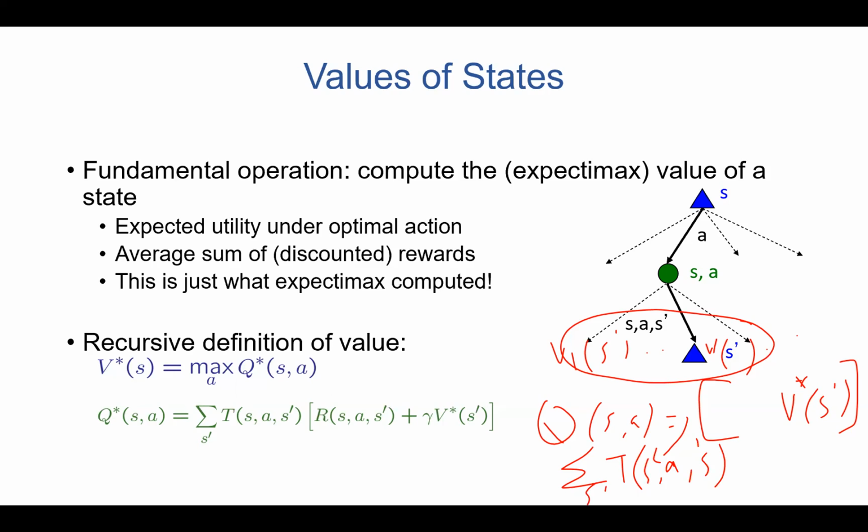So that's the transition matrix. You're getting those probability values from the transition matrix, and you're multiplying the value of each child node. That's exactly the expect-max search, isn't it? P times V, and you're just doing the weighted average, the summation. Does that make sense?